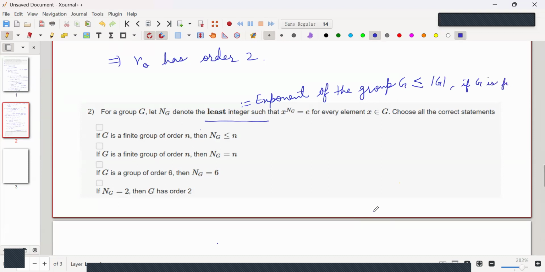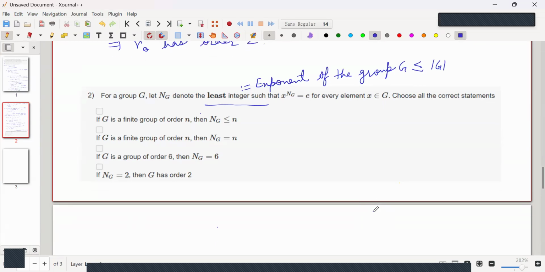In the infinite case, this may not make sense. Although for infinite groups also you can talk about such an element, and then this is trivially true, because the order of G is infinite, but generally we talk about exponents for finite groups.